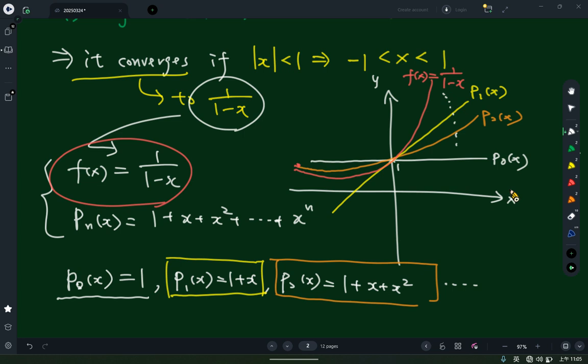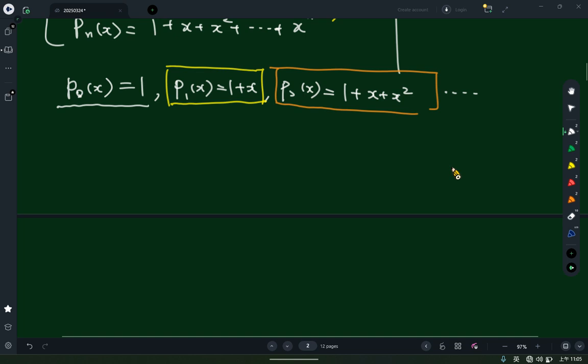Of course, this part is also not that easy, as I mentioned to you, but in this chapter what I expect you to learn is just how to get the Taylor series. So then we will formally talk about the Taylor series.